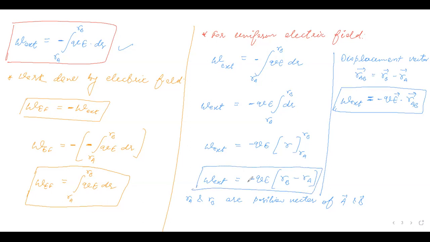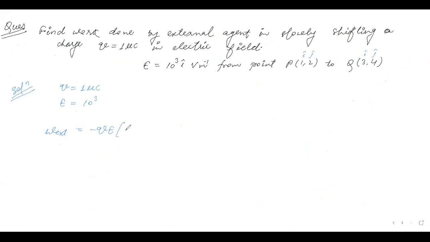Minus of Q into E, RB minus RA, but the position vector is given in terms of P and Q. So we can write here W external is equal to minus of QE, RQ minus RP. Okay? RQ minus RP.